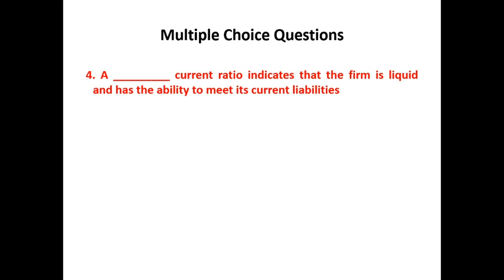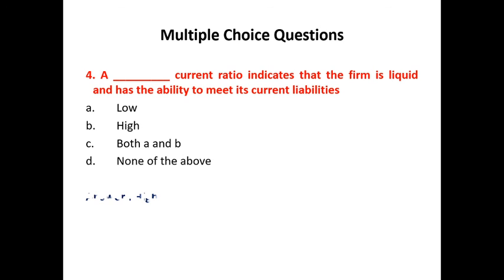A dash current ratio indicates the firm is liquid and has the ability to meet its current liability. The options are low, high, both A and B, none of the above. The correct answer is high.